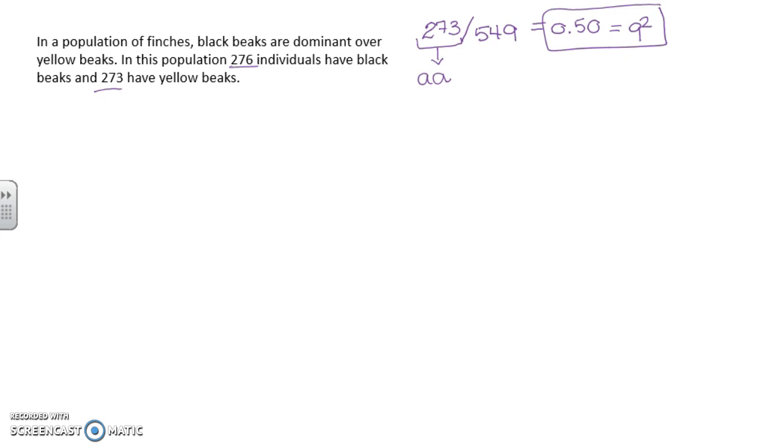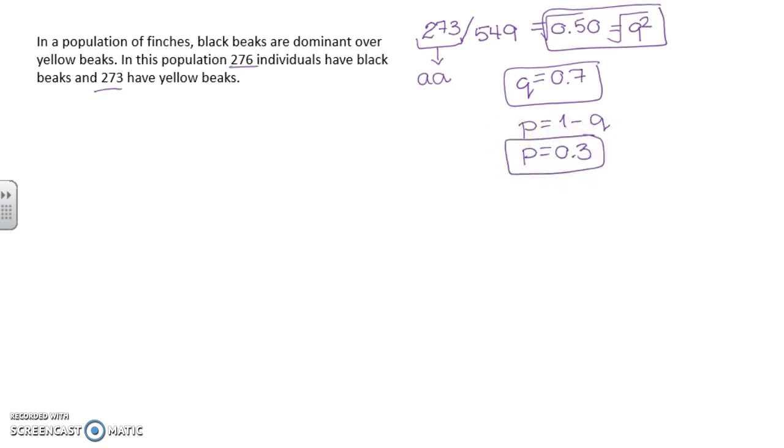And once again, once we get q squared, we can get q by getting the square root of that. And now q is actually 0.7. Once we find q, we can find p because p is 1 minus q. So p is 0.3.